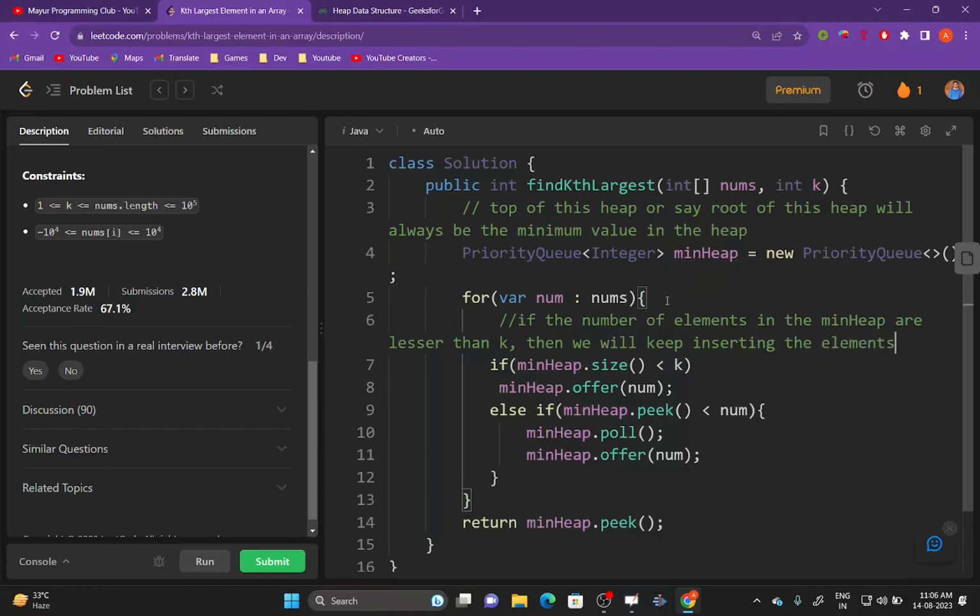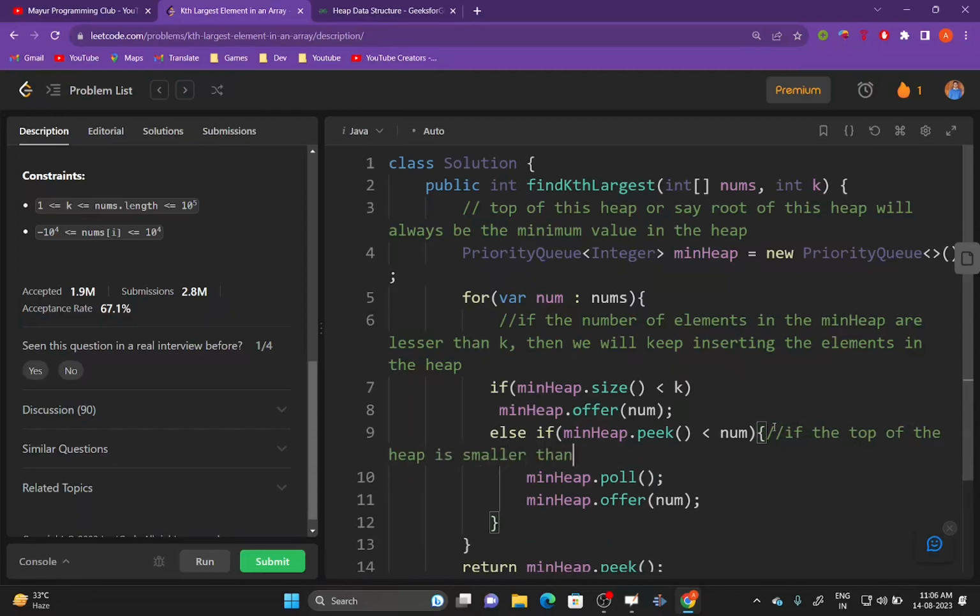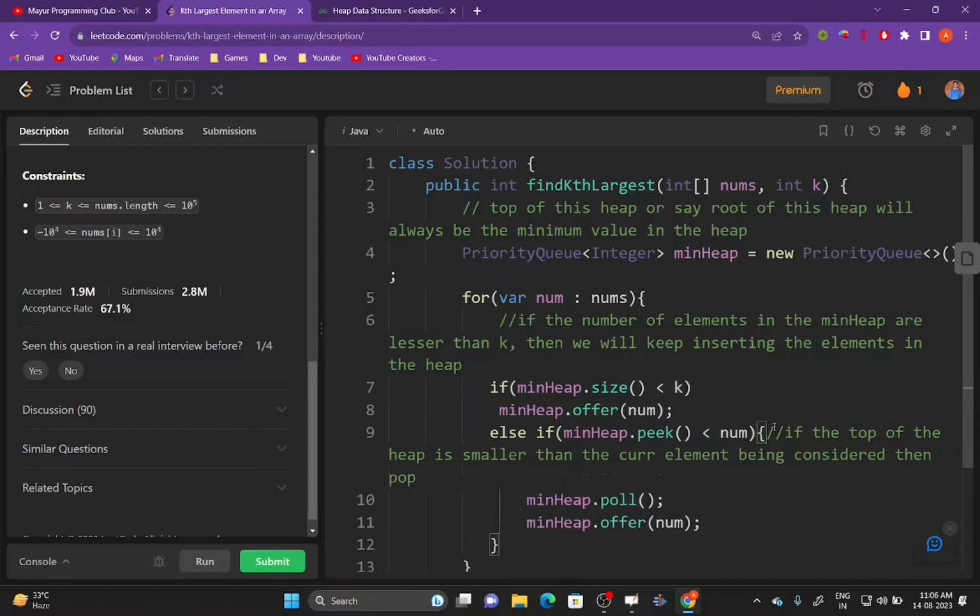Else, if the top of the heap is smaller than the current element being considered, we remove the top of the min heap and insert the new element.